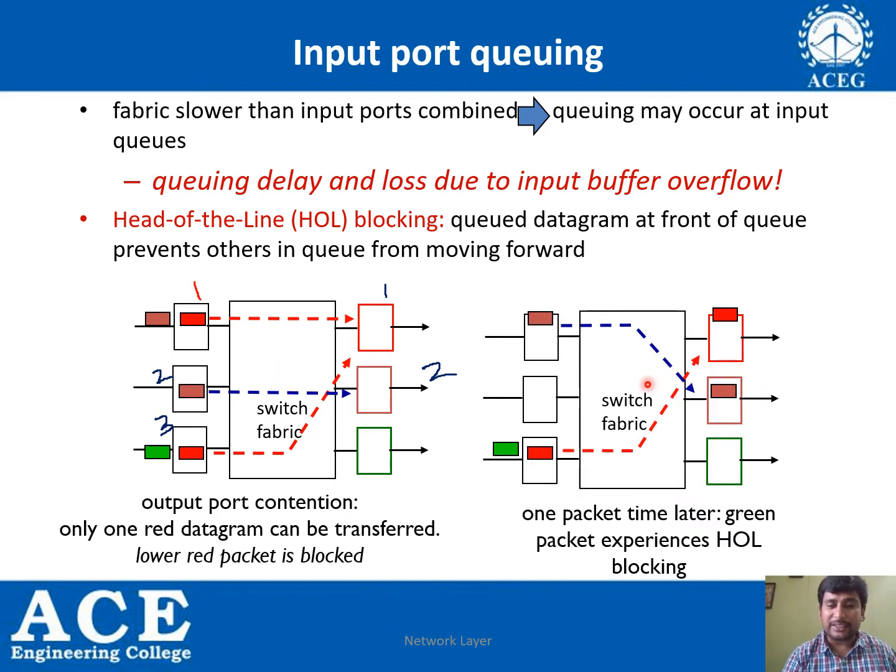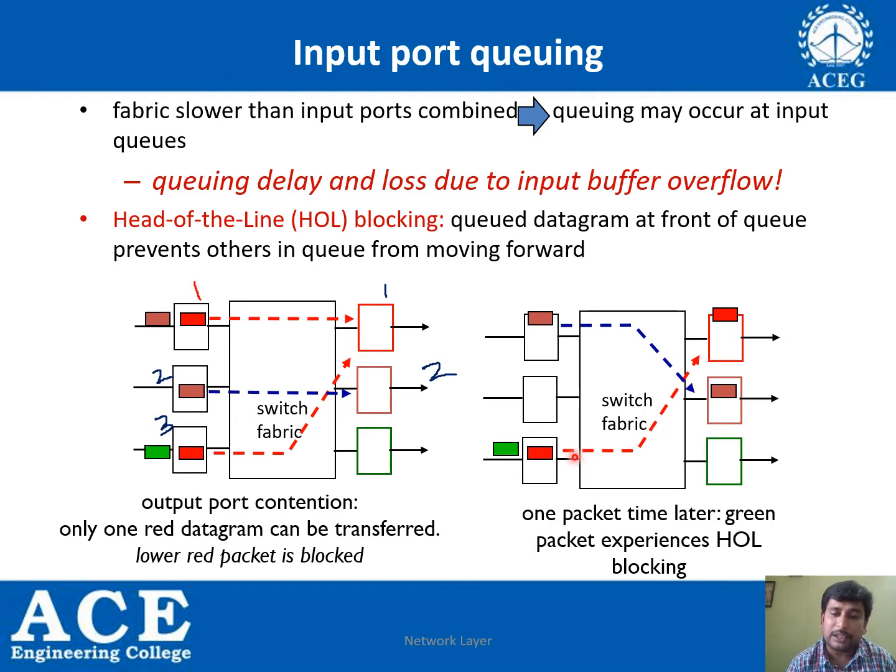Now look at the second scenario. Here, in one packet time, input port 1 is trying to send a packet to output port 2, and input port 3 has two datagrams, one in red and the other in green, and both have to be transmitted to output port 1.